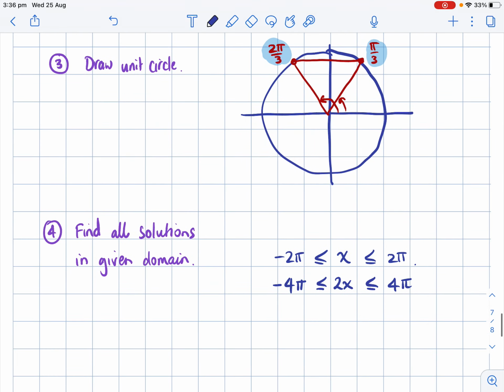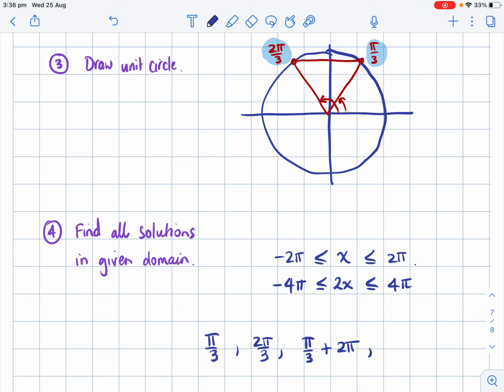So now I have my first two solutions, pi on 3 and 2 pi on 3. What I'm going to do now to find my other solutions, because we can go around the unit circle multiple times, is take that answer of pi on 3 and add one full revolution of the unit circle to it.